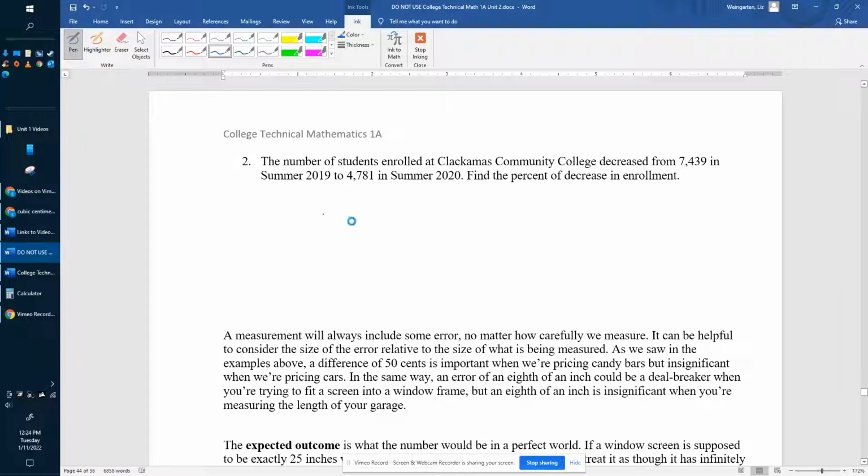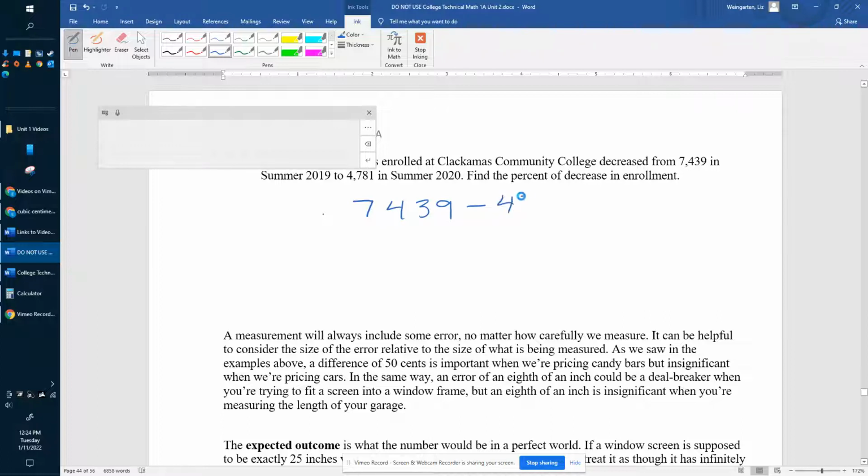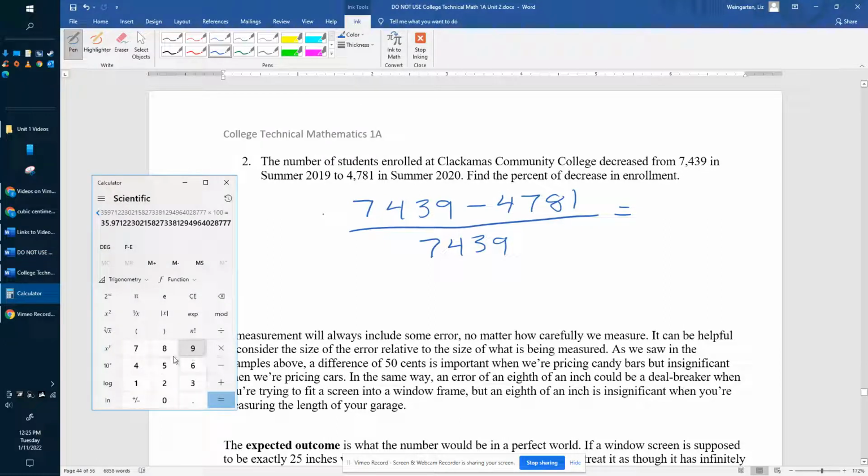So we take the original, 7,439 minus 4,781, and divide it by the original. Times 100, and we get 35.7% decrease.